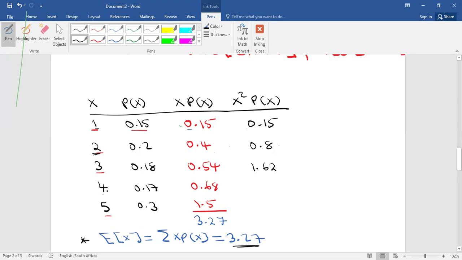Then 4 square it, you get 16. 16 times 0.17 gives 2.72. Get the 5, square it, and then multiply with 0.3. That will give us 7.5. So now, when you sum this up for us, please.